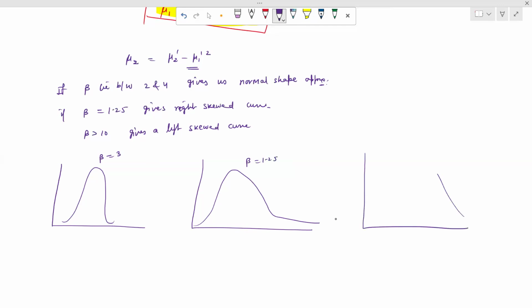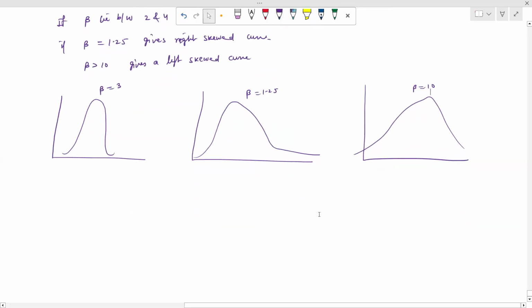Now the left tail is longer than the right, so here we have beta equal to 10. So these are the shapes we can show.